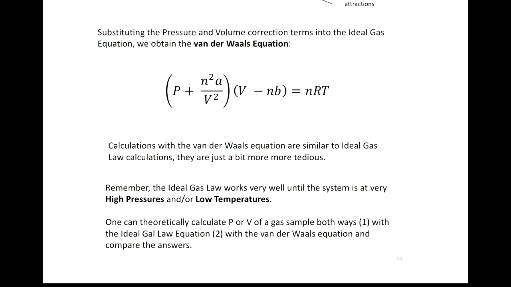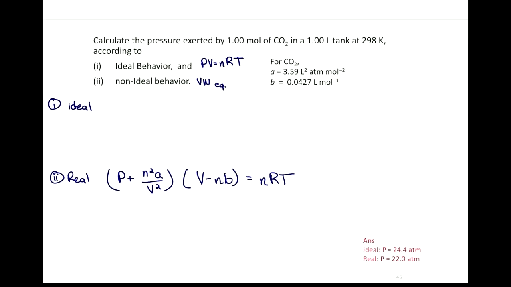It's because the ideas of kinetic molecular theory break down, and we can no longer use the ideal gas law. So we make these small adjustments to the equation. For any gas, we can calculate the predicted pressure using the ideal gas law equation and the van der Waals equation. I think that's what we're doing next.